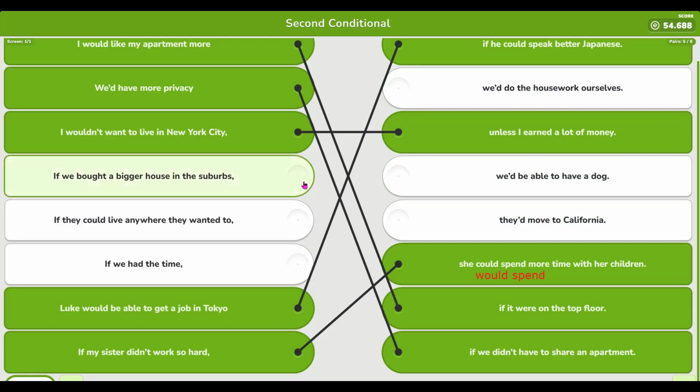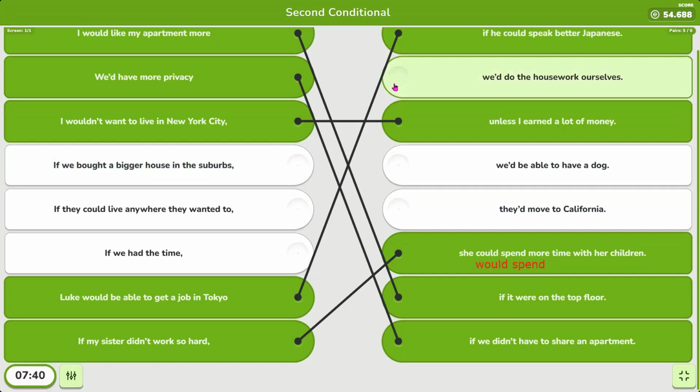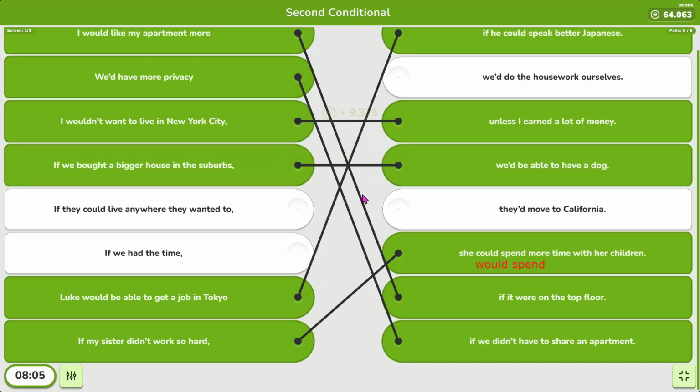We do the housework ourselves. Oh no. It's another imaginary result. We would be able to have a dog. So more space, more family members. In this case, a dog.